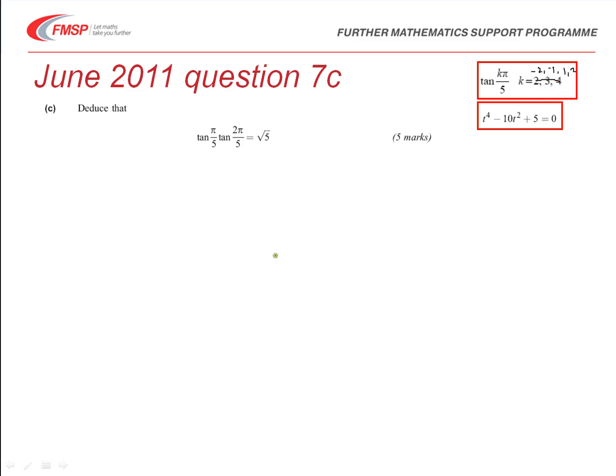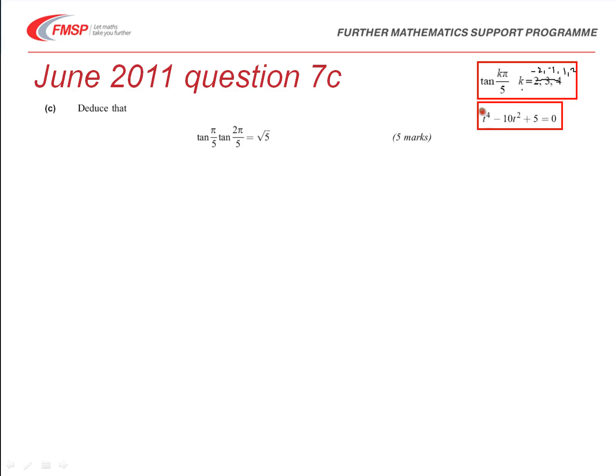Okay, so we know then that these 4 possible values for tan theta, in other words for t in this quartic equation, these are the 4 roots.